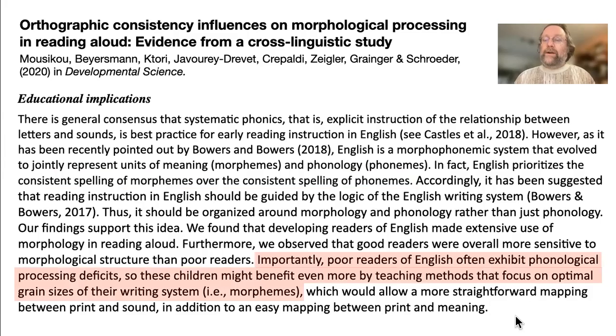But here's the thing I really wanted to highlight and bring back that story I was giving of Charlie. Importantly, poor readers of English often exhibit phonological processing deficits. So these children might benefit even more by teaching methods that focus on optimal grain sizes of the writing system, like morphemes. And I think that's what we saw with the story I gave of Charlie, because he was struggling, he was unmotivated, he was frustrated, he was feeling like it wasn't working.